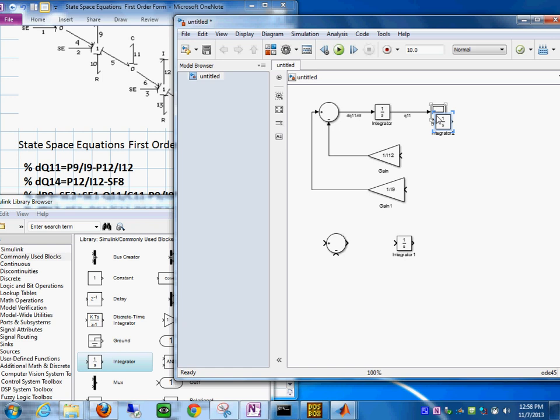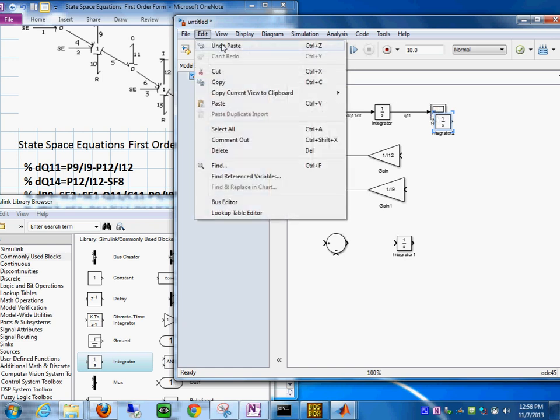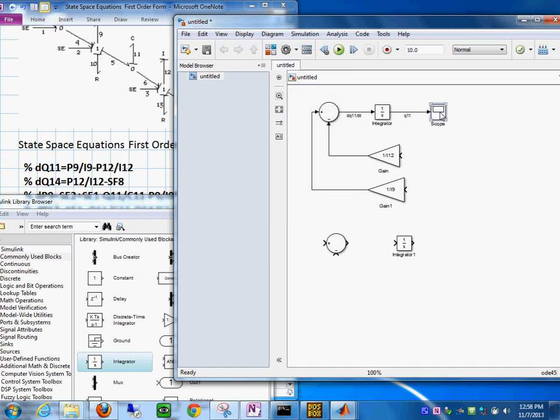We need this also. We could bring it up from here. It's just that it would be a little easier since there are already blocks in here. This has only one.